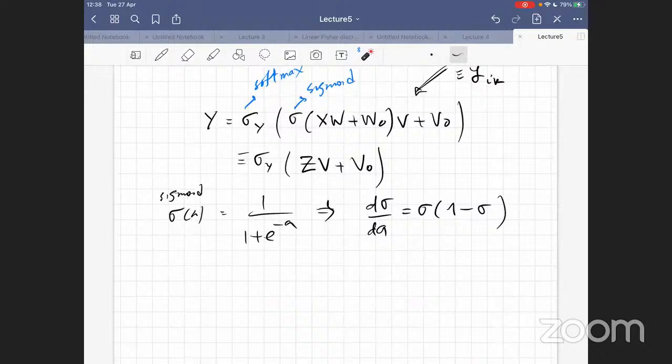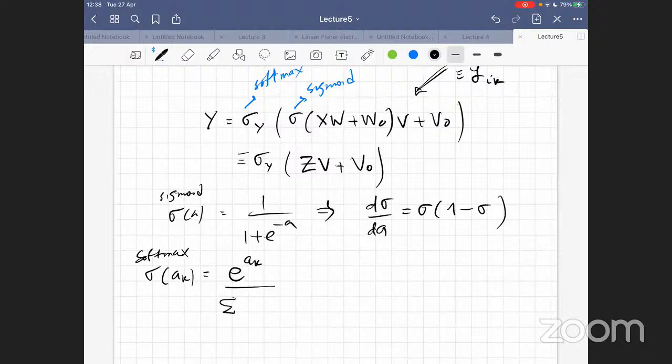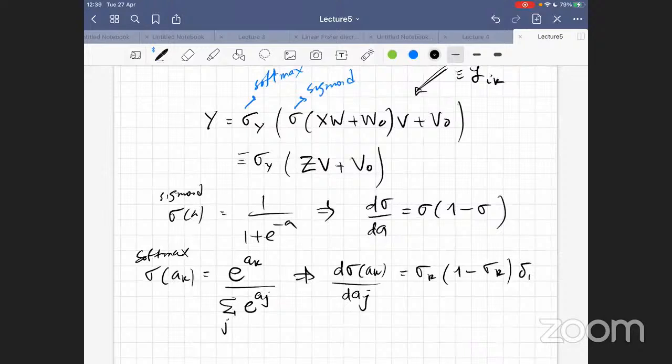And for a softmax, which was written in this way, e to the z_ik divided by the sum of e to the z_ij, the derivative of the softmax with respect to some z_j is equal to softmax of k, 1 minus softmax of k, of course with the Kronecker delta, which can be written as delta_kj minus softmax_j, like this.